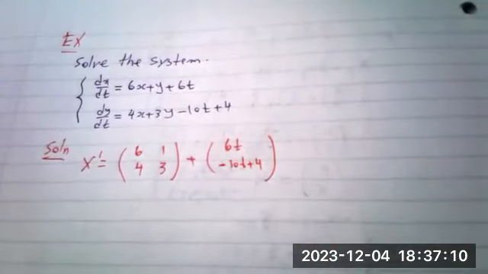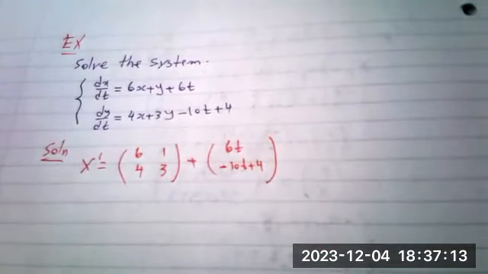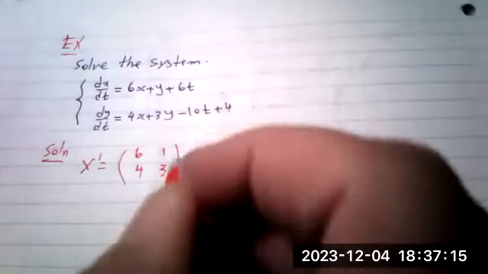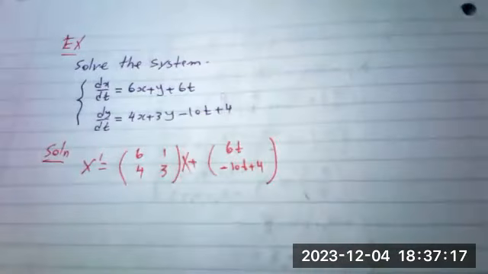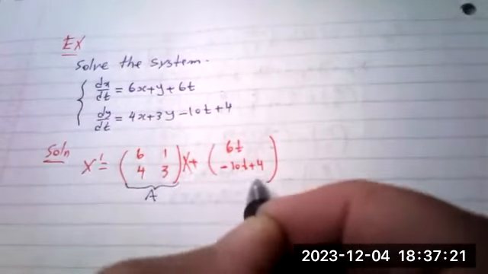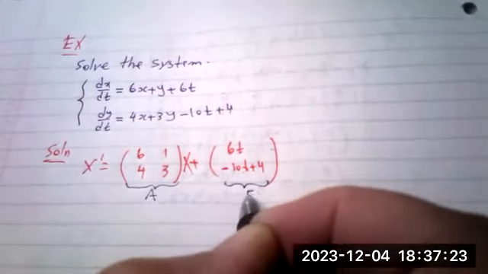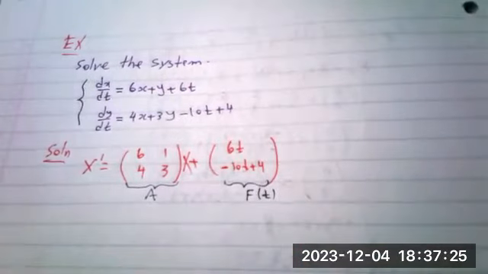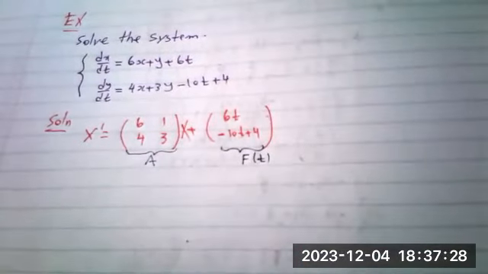Oh, sorry, I missed an x here. So this is going to be your A, the matrix, and this is going to be your f of t, the extra term that we're going to have.